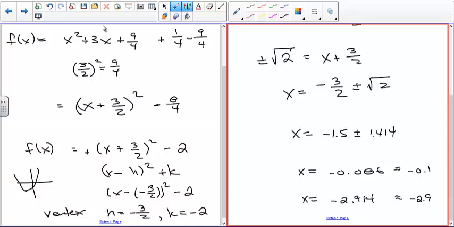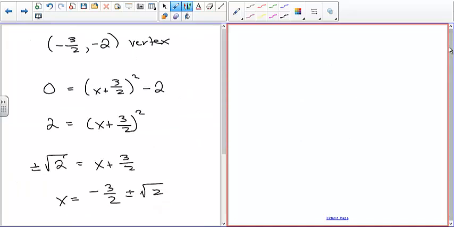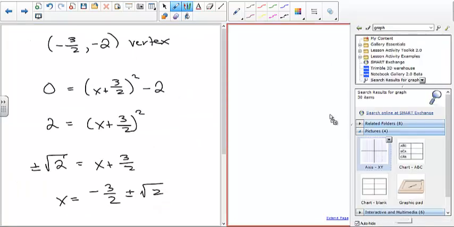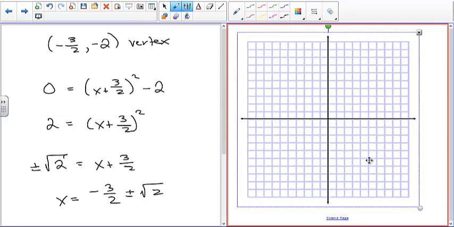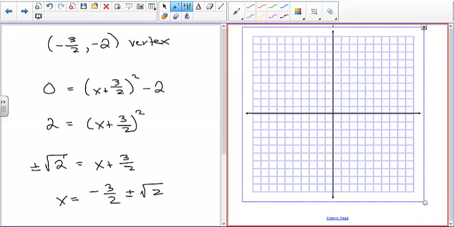Okay, so now let's draw the graph. We're going to get our graph paper out, and we'll just go from negative 10 to positive 10. The vertex is negative 1.5, negative 2, so that puts you right there.